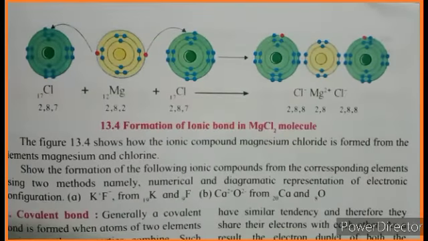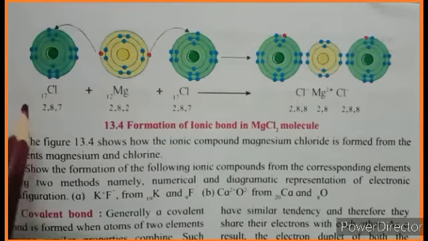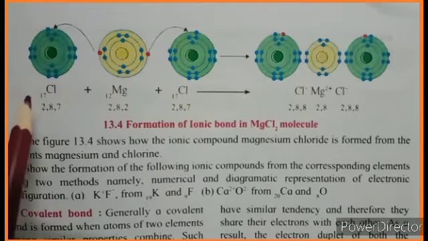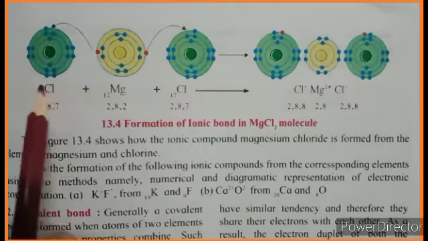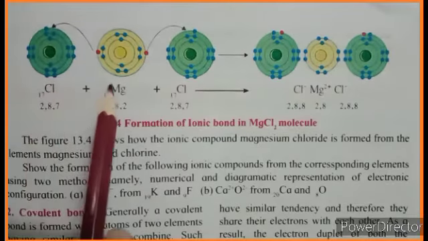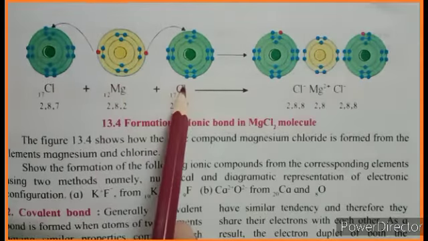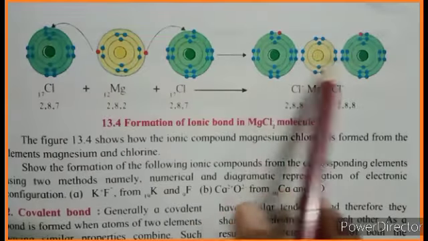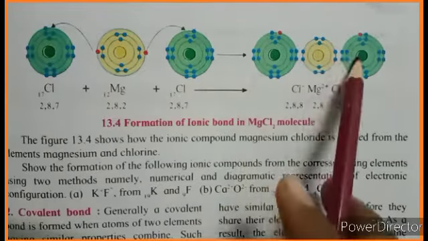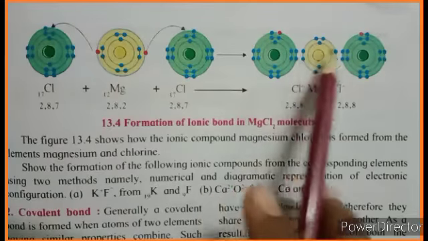In the similar manner, in this diagram, you can observe the formation of magnesium chloride molecule, MgCl2 molecule. Here, valency of chlorine is 1, that of magnesium is 2, and that of chlorine is also 1. So, one magnesium atom and two chlorine atom, they get together by formation of ionic bond.